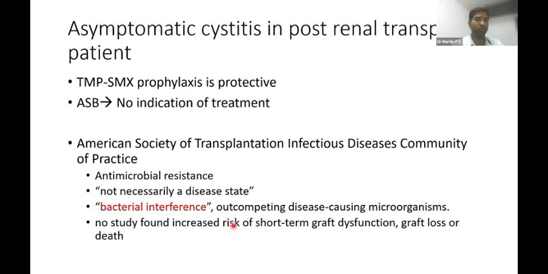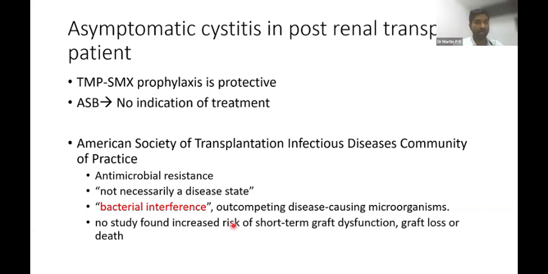And there are guidelines from the American Society of Transplantation Infectious Disease Community of Practice, and they again say that the problem is more with antibiotic resistance, and they don't consider asymptomatic bacteriuria as a disease state at all.